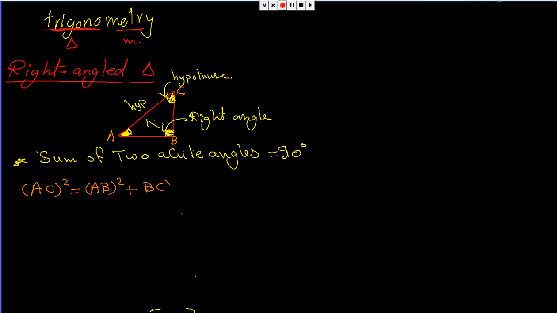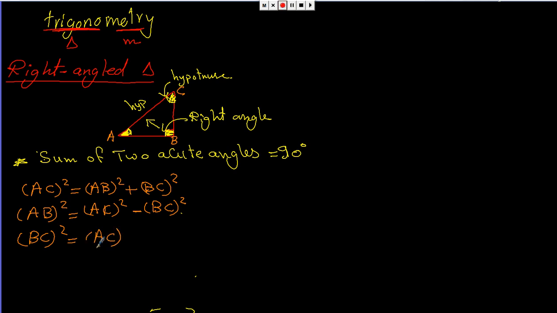And also, if we need to find AB power 2, it will be equal to the hypotenuse AC power 2 minus BC power 2. And if we need to find BC power 2, it's going to be AC power 2 minus AB power 2.